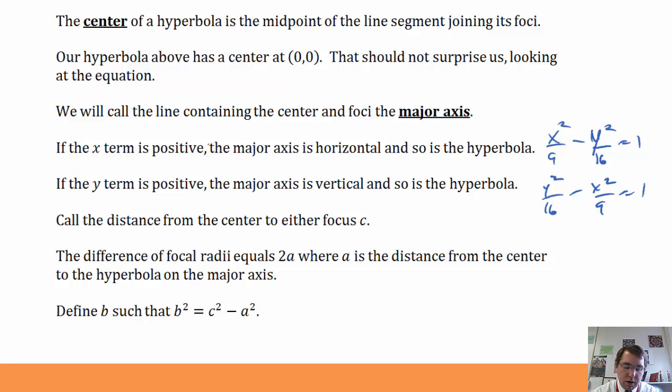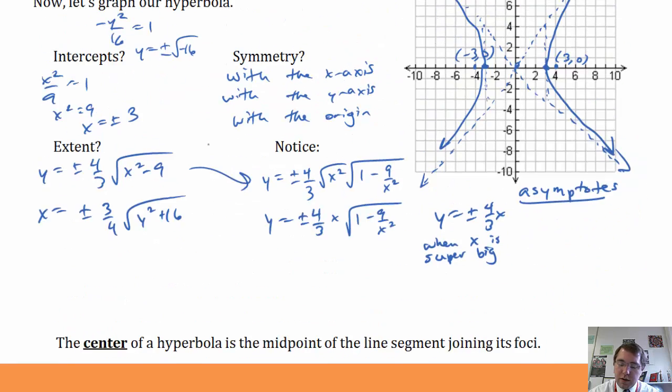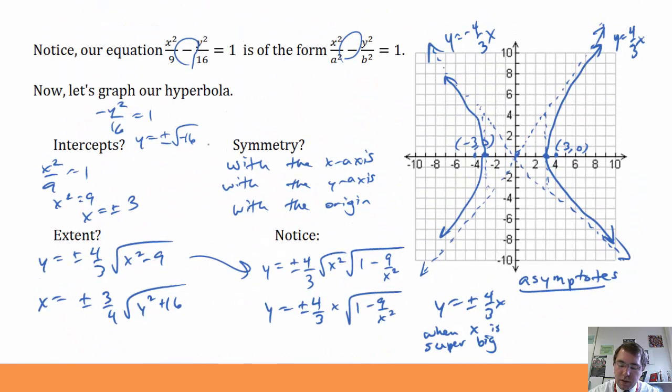We'll call the distance from the center to each focus c, just like we do with an ellipse. The difference of focal radii equals 2a, just like with an ellipse, where a is the distance from the center to the hyperbola along the major axis. So a, in this case, was 3.